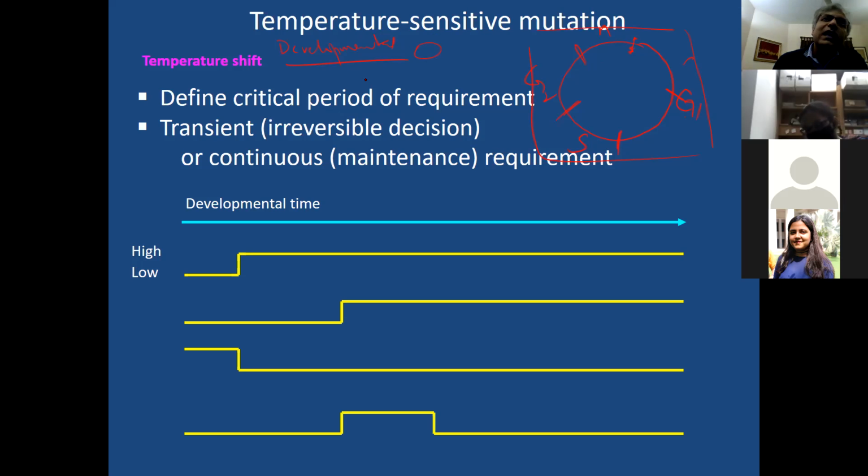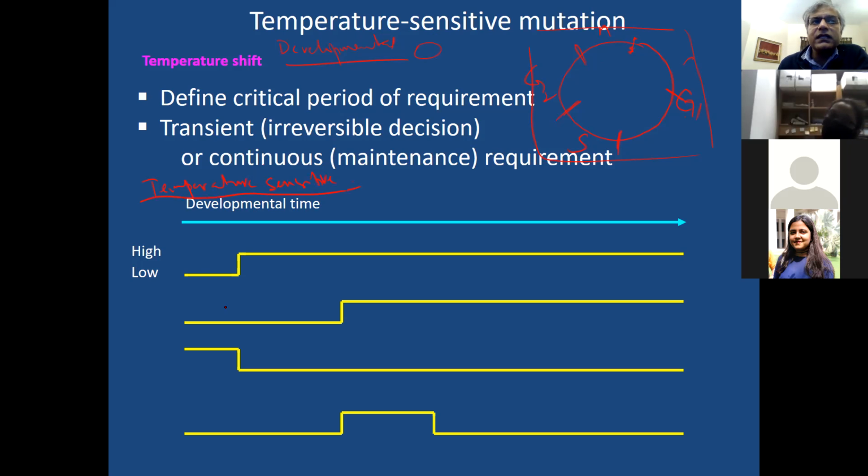So scientists came up with a strategy to induce temperature sensitive mutations. And there is a very technical way to generate mutations in organisms which are temperature sensitive.